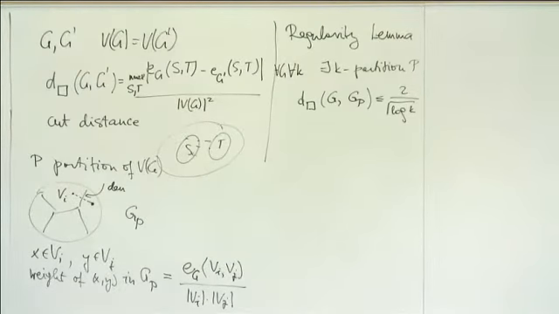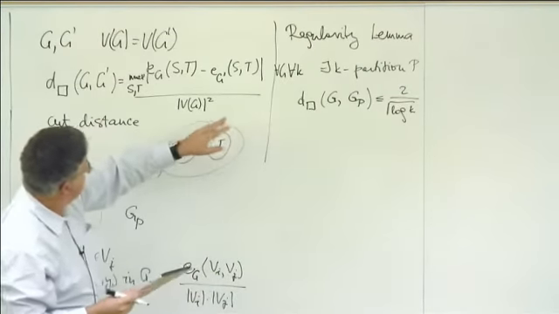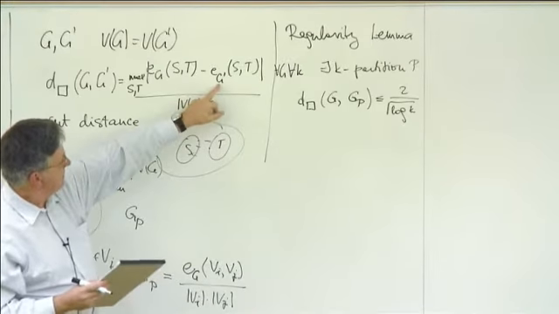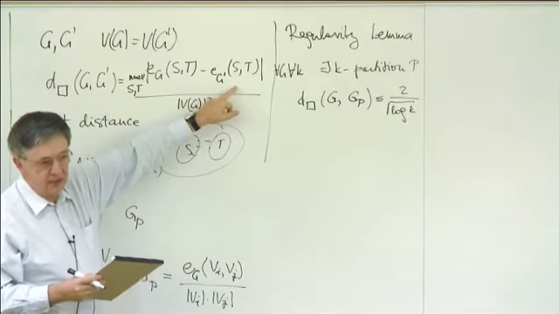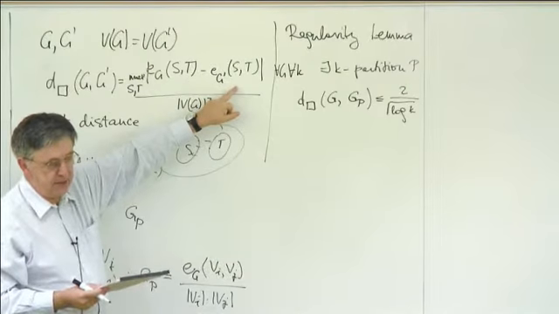The point is that, and I haven't really defined this, but it's pretty clear. If G prime is a weighted graph, then instead of counting the edges, I add up the weights between the two subsets.